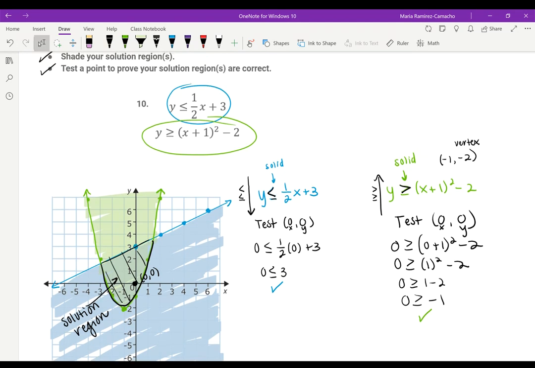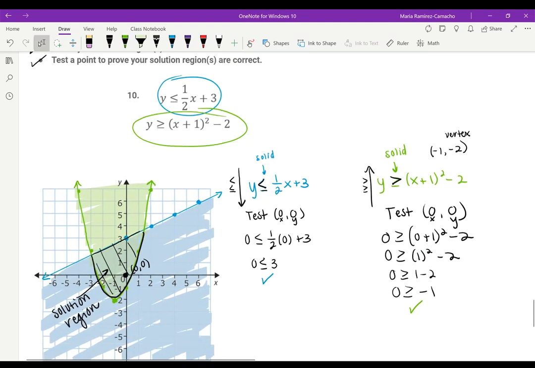Technically, we did that already with 0, 0. 0, 0 does work for both inequalities, but let's say it hadn't. Let's say 0, 0 did not work for this second inequality, and 0, 0 made the statement false, and we had to shade outside of the parabola. We would want to pick another point in the solution region to test that it works.